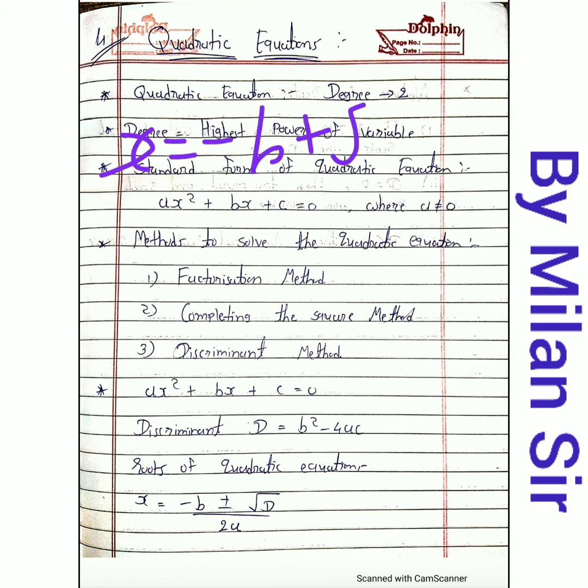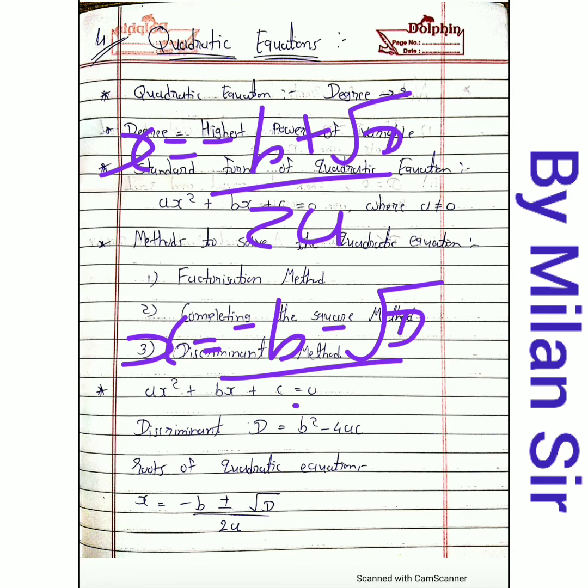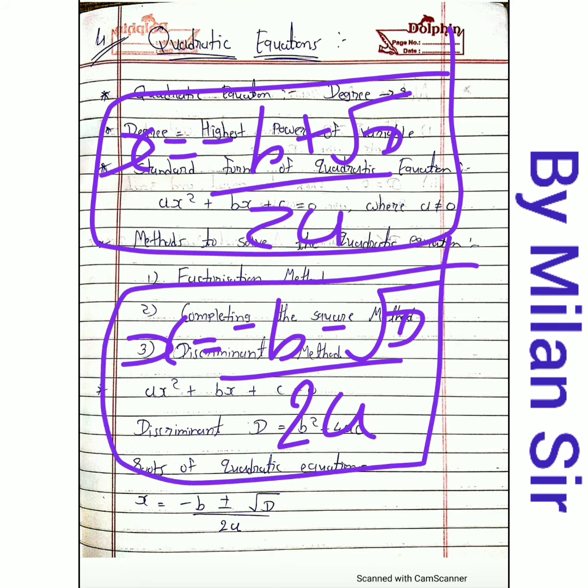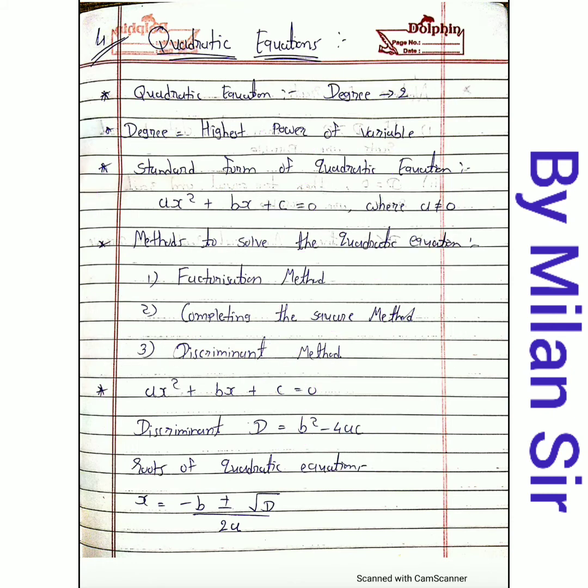One time plus and one time minus. So x is equal to minus b plus under root D by 2a, and the second x is equal to minus b minus under root D by 2a. So we get these two solutions. We will use this formula.